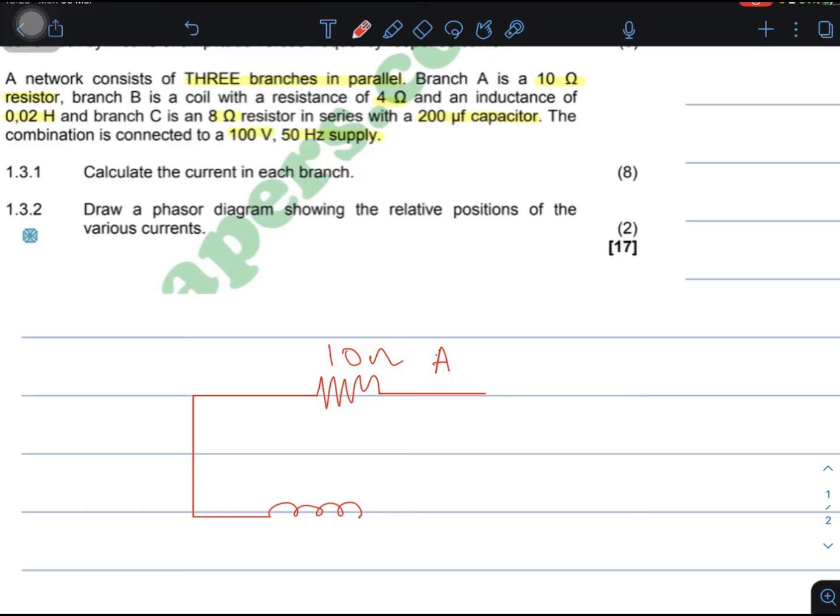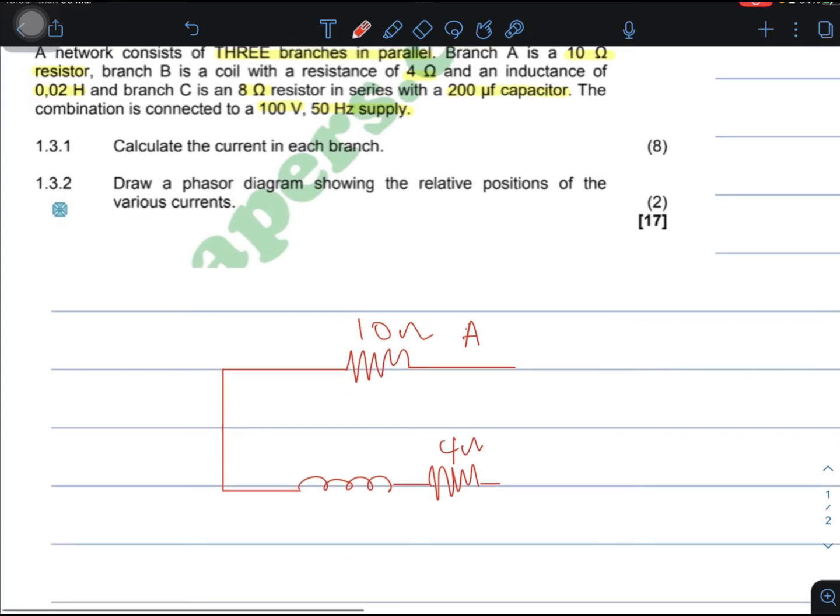So let us connect it in series. This resistance represents the coil resistance, which is 4 ohms, and an inductance of 0.02 Henry. That is branch B.